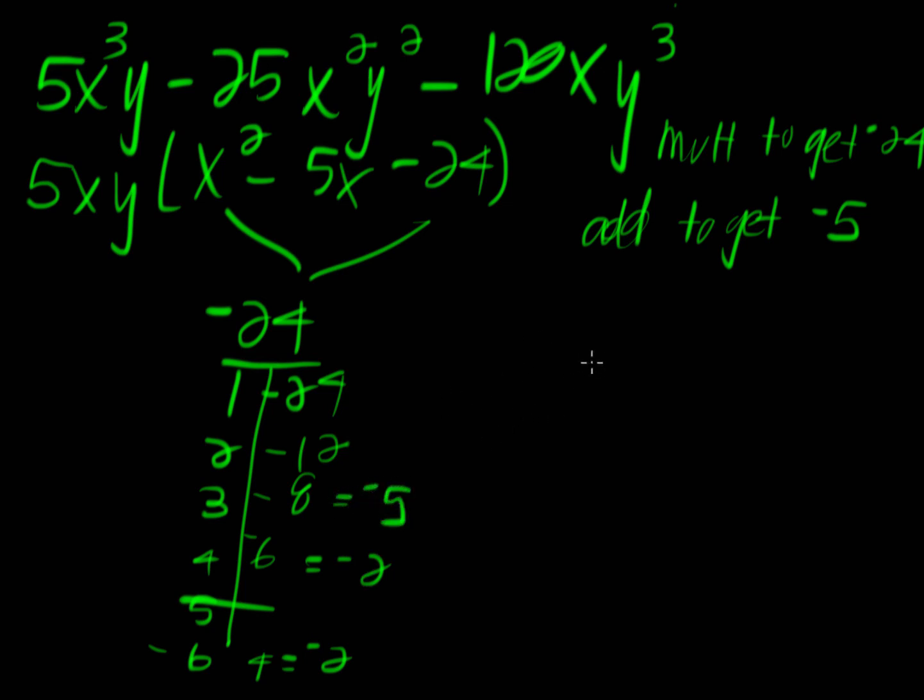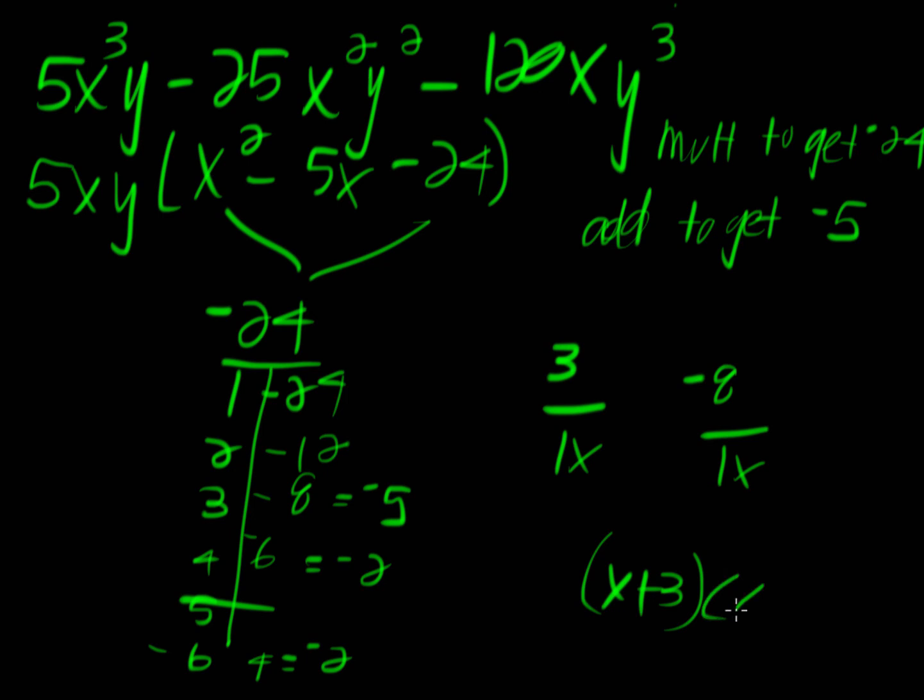I think that's going to work, so I take the 3 and the negative 8, and I put 1x in the denominator, and it doesn't simplify, so I go ahead and put that bottom up front. And never forget your greatest common factor.